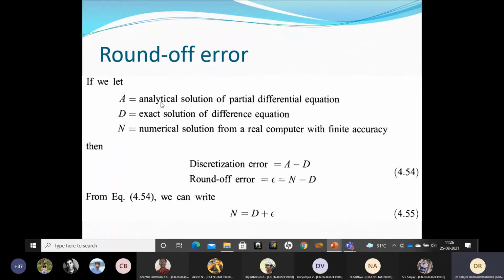And capital N is the numerical solution from a real computer with finite accuracy. So there is a difference between D and N. N plus or minus that error will give you the exact solution D. It's very important to understand this.